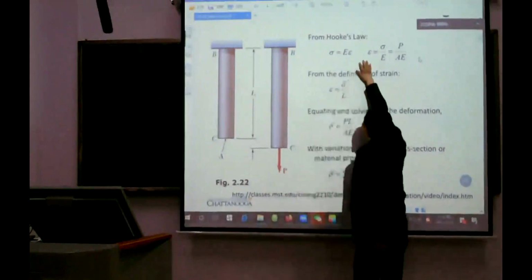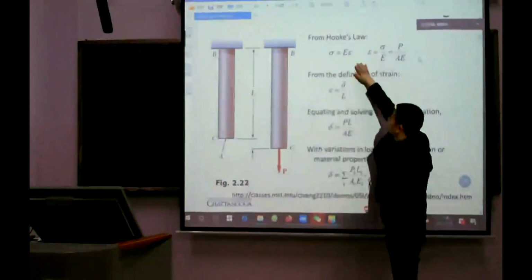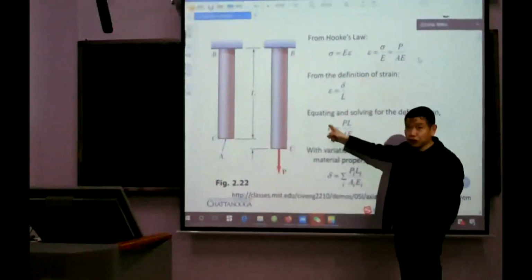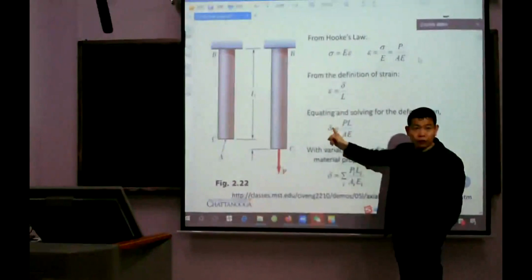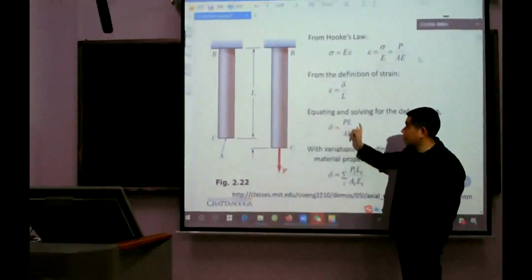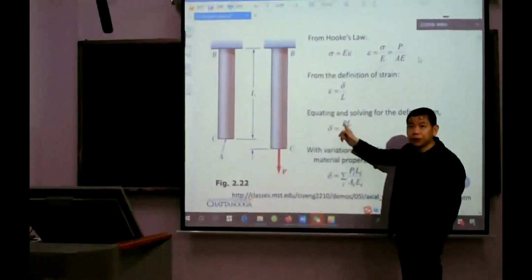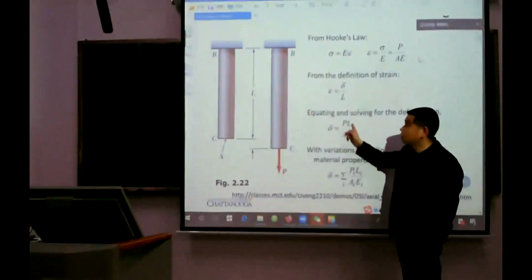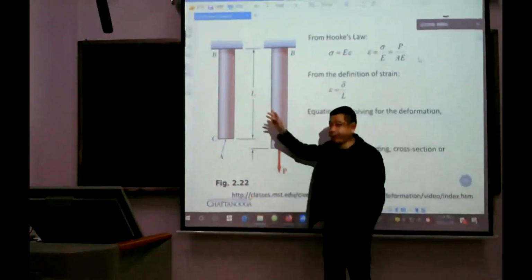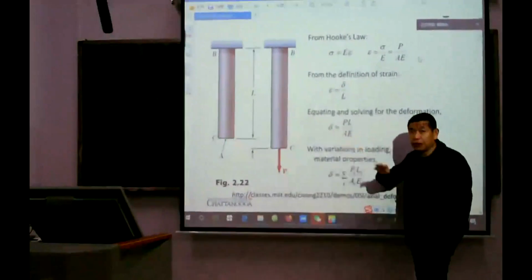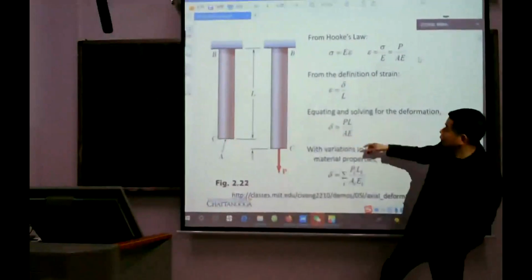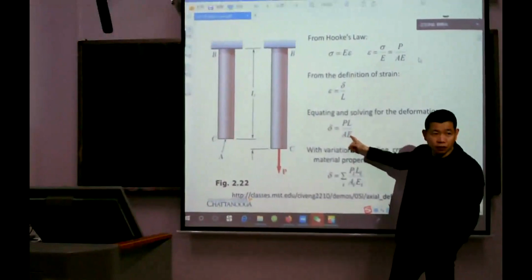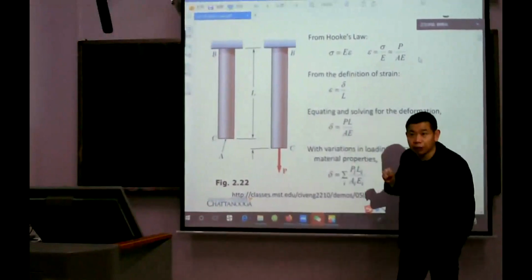From the two formulas, we can get the elongation of an axial loading member. P is the normal force, L is the length of the member, A is the area, and E is the modulus of elasticity of the material.